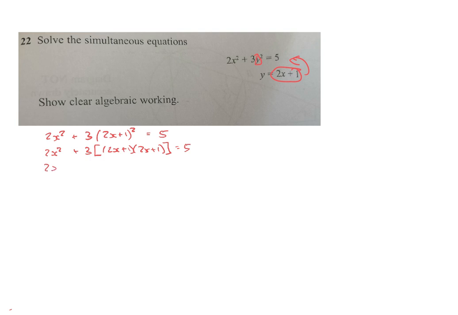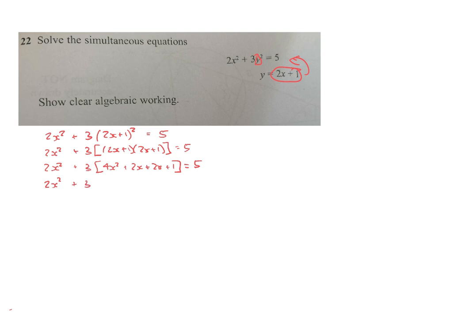Let's work this through. 2x times 2x is 4x squared. 2x times 1 is 2x. 1 times 2x is 2x. And 1 times 1 is 1, equals 5. Again, you can shorten some of these steps if you're confident enough to do so.